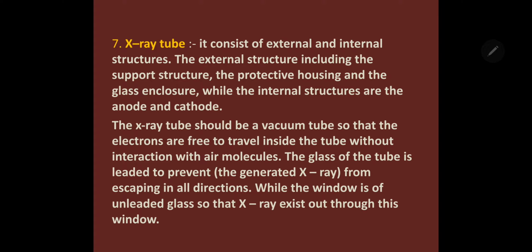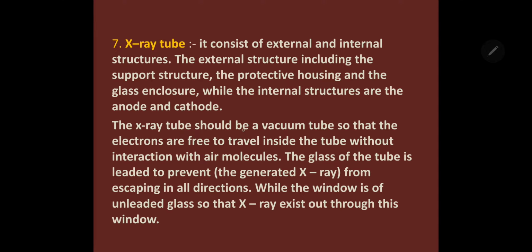X-ray tube. This is a very important component in the X-ray machine. The X-ray tube consists of external and internal structure. External structure includes the supportive structure, the protective housing and the glass enclosure, while the internal structure is the anode and cathode.